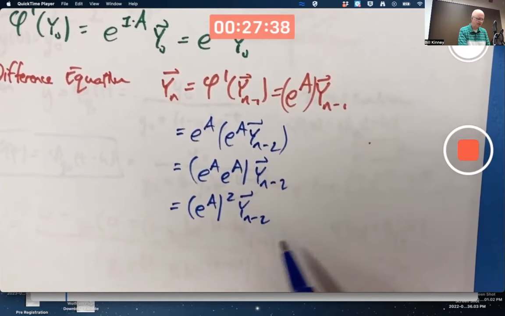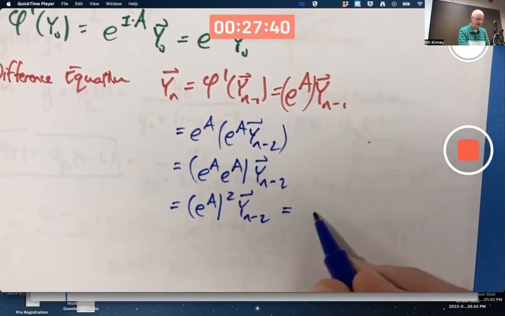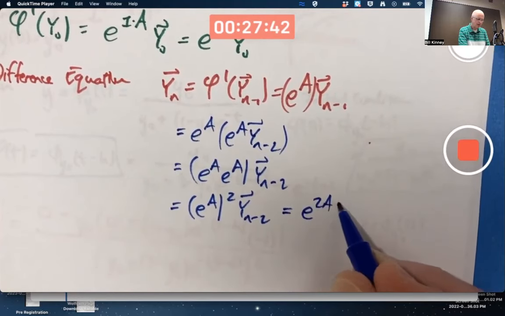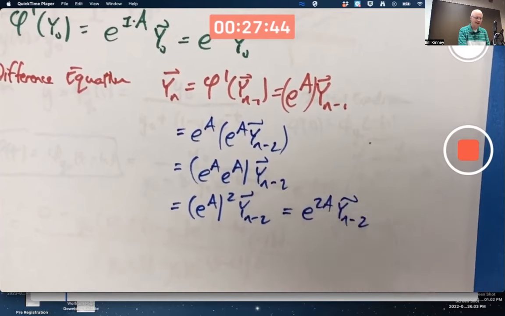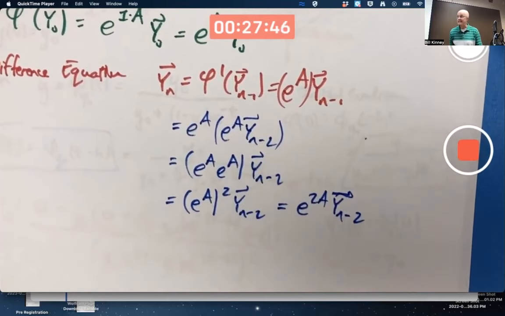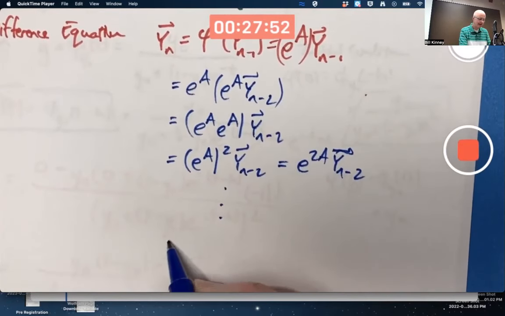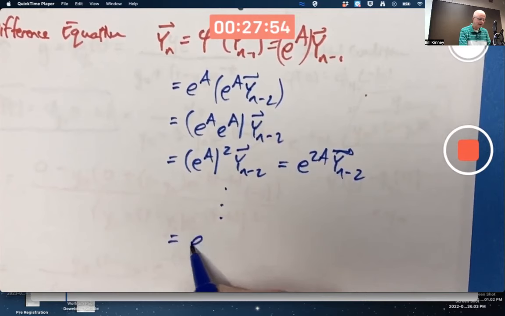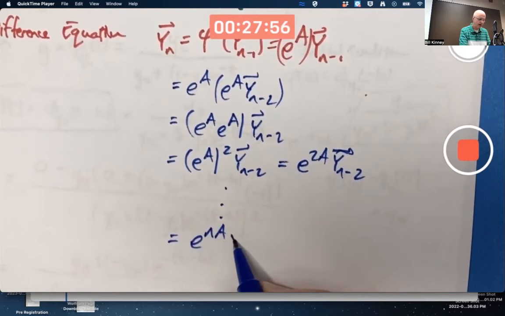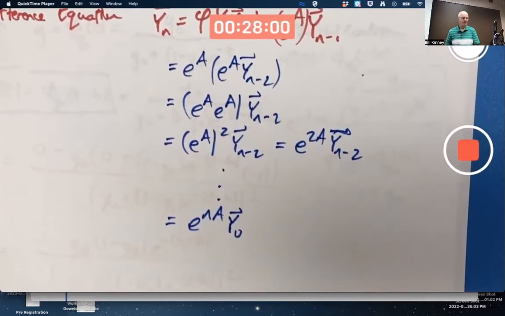And do properties of exponents hold here? Is this e to the 2a times yn minus 2? Yes, it is. And that pattern can continue until in the end, you get e to the n times a times y naught, being the initial condition vector.